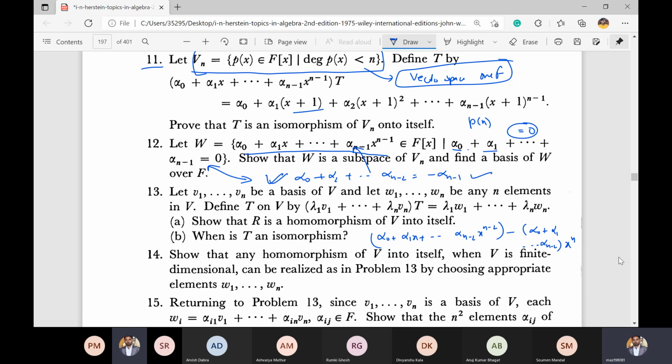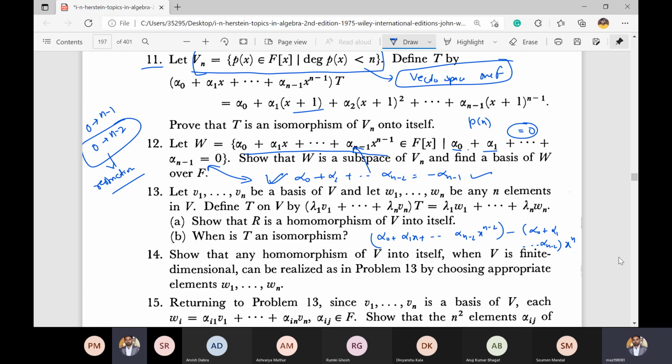Now, how will you choose the basis? This is the condition we get. We can choose n minus 1, that is 0 to n minus 2 elements, without any restriction. You can choose any without any restriction.